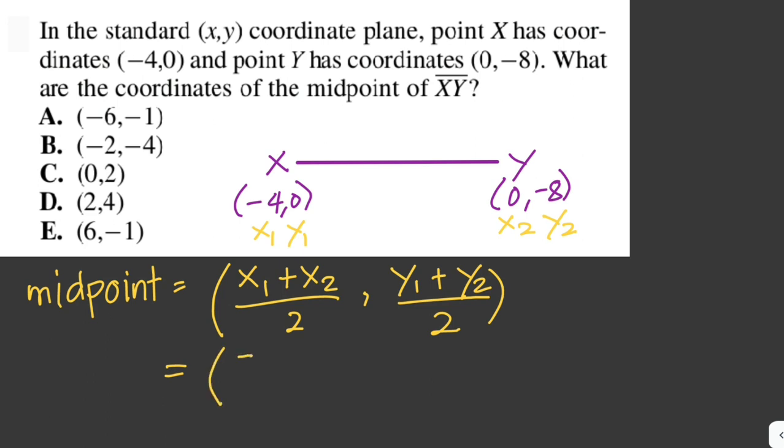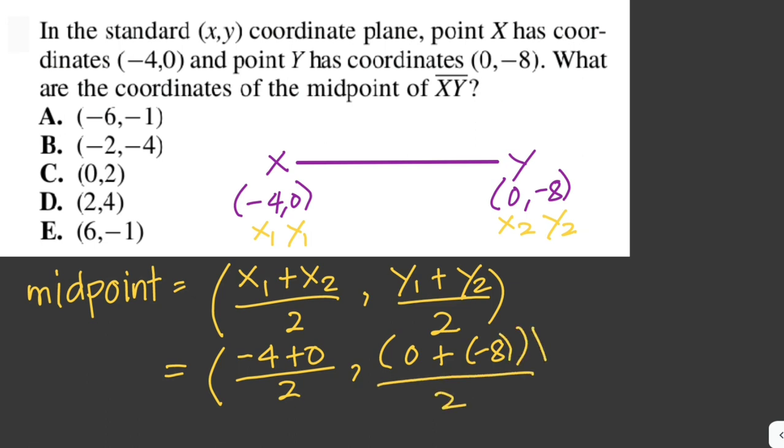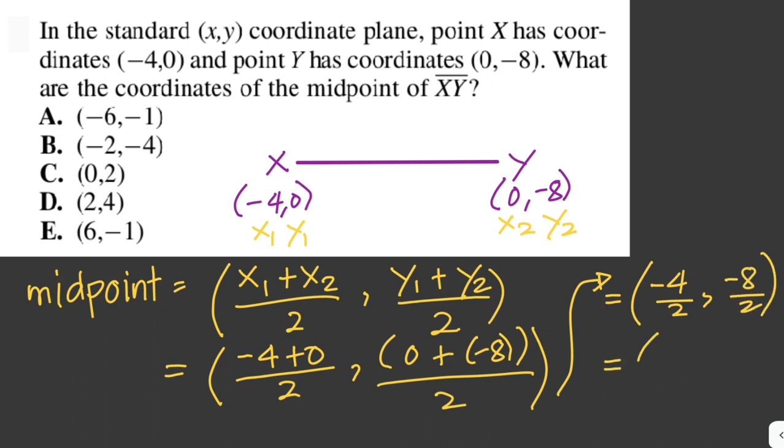This is -4 plus 0 over 2, 0 plus -8 over 2. And this is just equal to -4 over 2, -8 over 2. So the midpoint is just -2, -4. So the answer here is letter B.